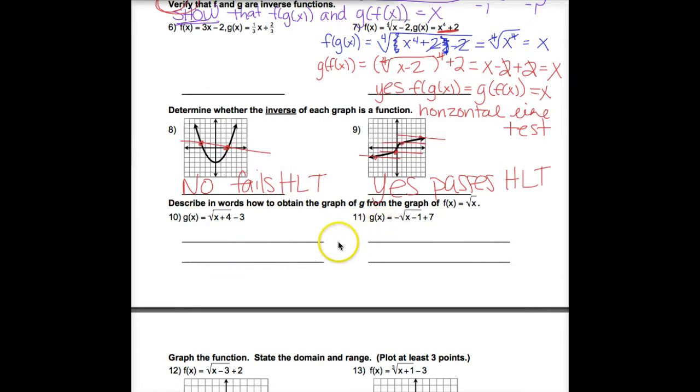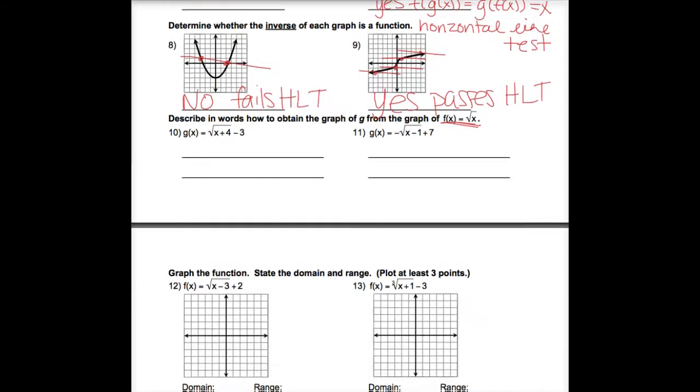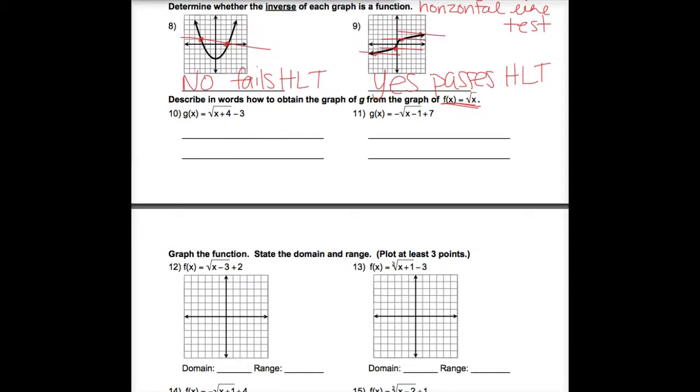10 and 11, describe in words how to get the graph from this. This is the parent graph. So it's just saying what changes are you making to the parent graph with this particular equation. So on this one, I've got this lovely plus 4 and this minus 3. Remember that what's inside the square root or cube root, you change the sign.